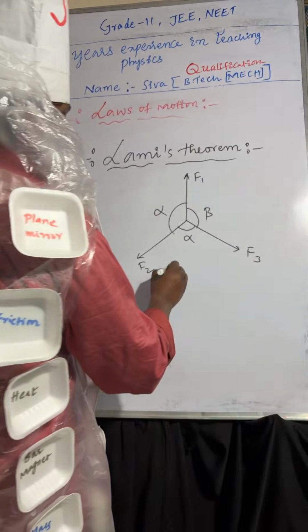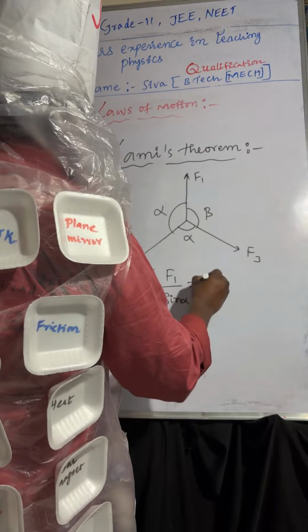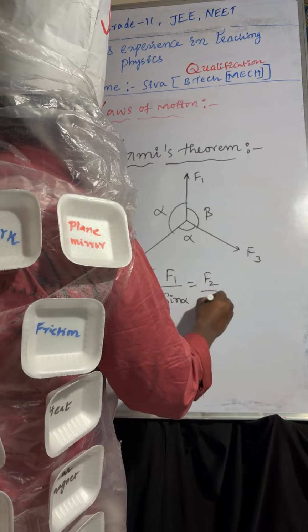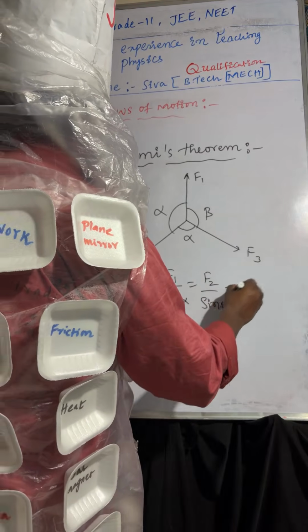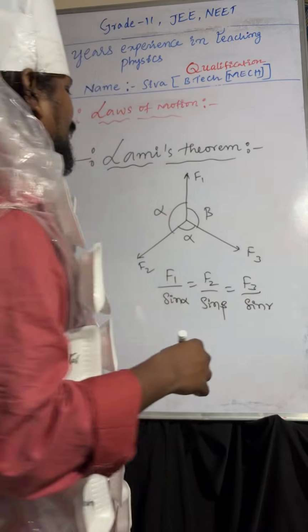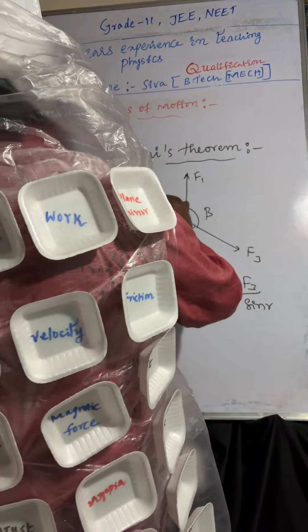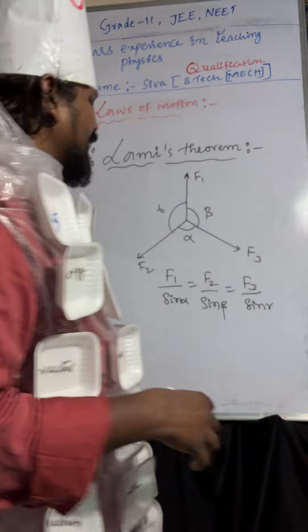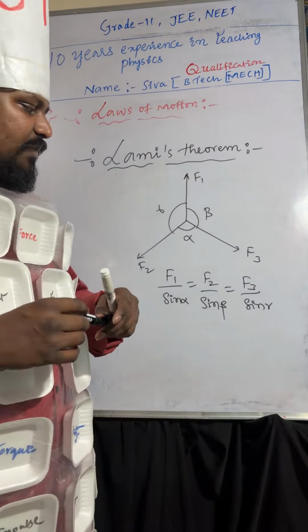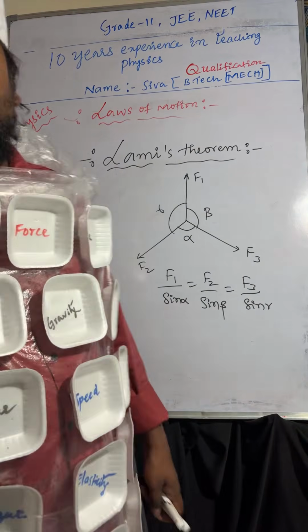F1 by sin alpha, F2 by sin beta, and F3 by sin gamma. That is Lami's theorem.